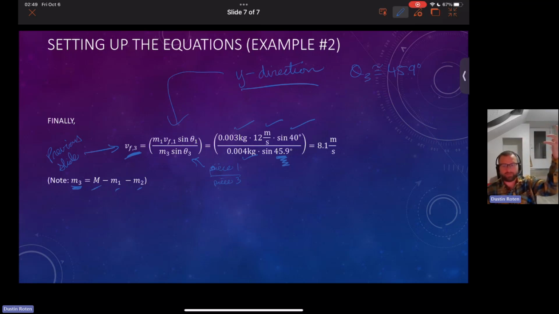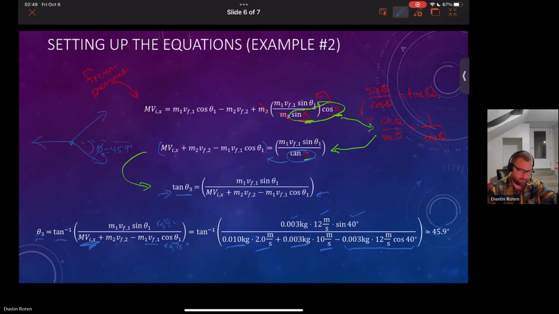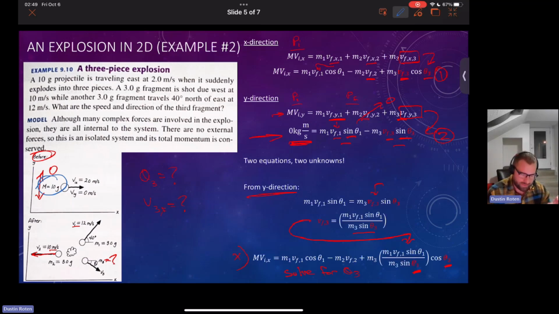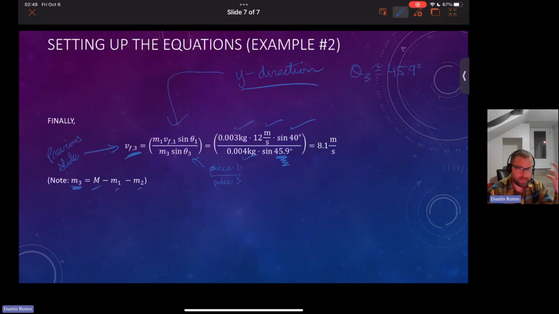So let's just subtract it off from the original, the original 10 gram object. Well, we just subtract off the pieces, and that's going to give us the 0.004 kilograms up here. All right, so we can plug all this in, turn the crank, and it turns out the final velocity of this third piece is 8.1 meters per second.